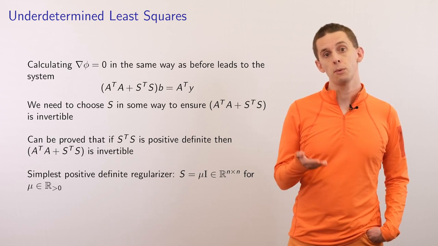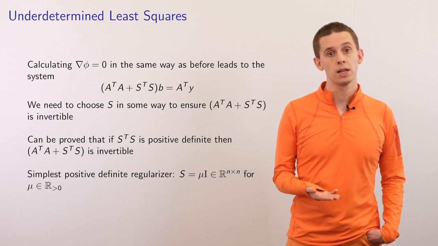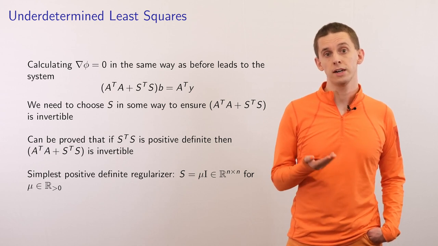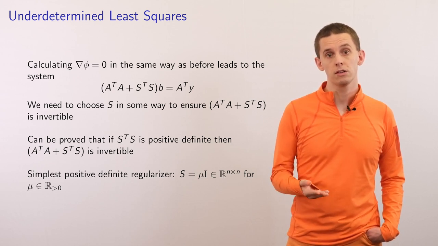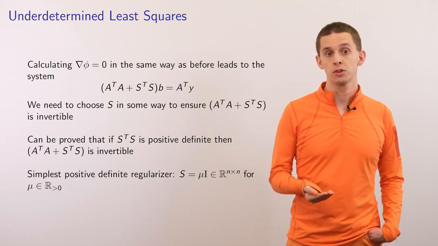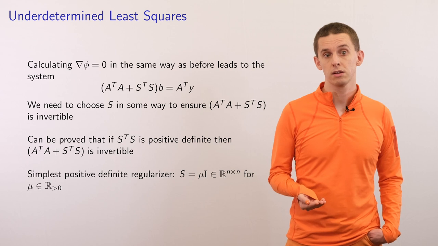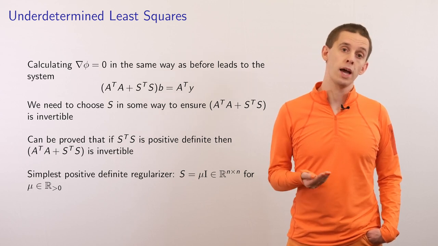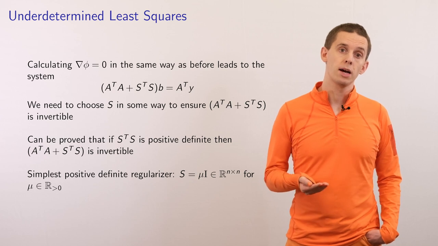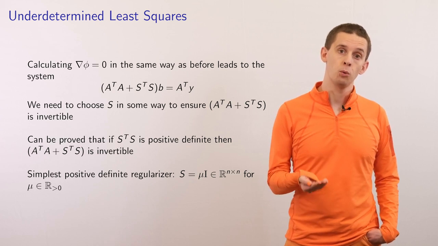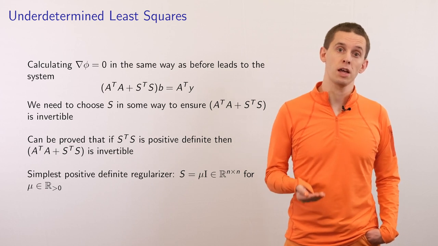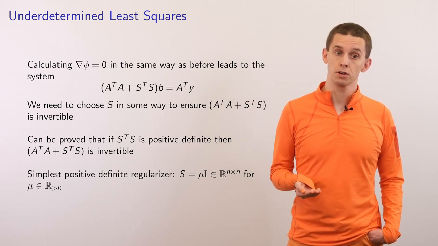Now we can follow through the same steps that we did to derive the normal equations, and we find that we end up with the following system: (A transpose A plus S transpose S) applied to b is equal to A transpose y. We need to choose our S in a way that ensures that this matrix A transpose A plus S transpose S is invertible.